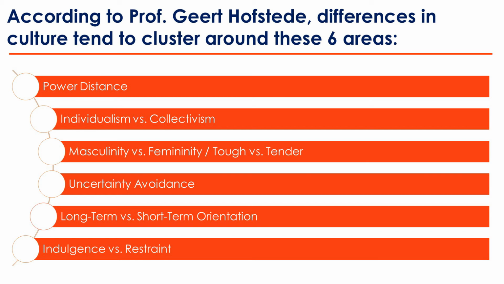And lastly, we have indulgence versus restraint. Does a given society or culture expect folks to restrain themselves, restrain their impulses, or is that society or culture open to the open expression of whatever impulses might come into a person's head?